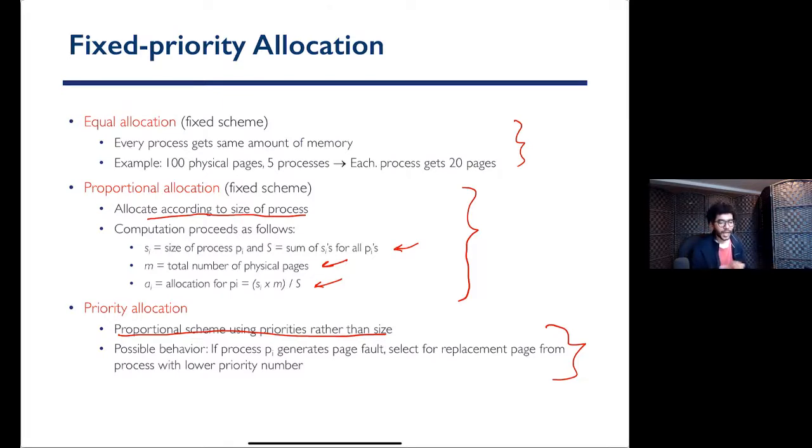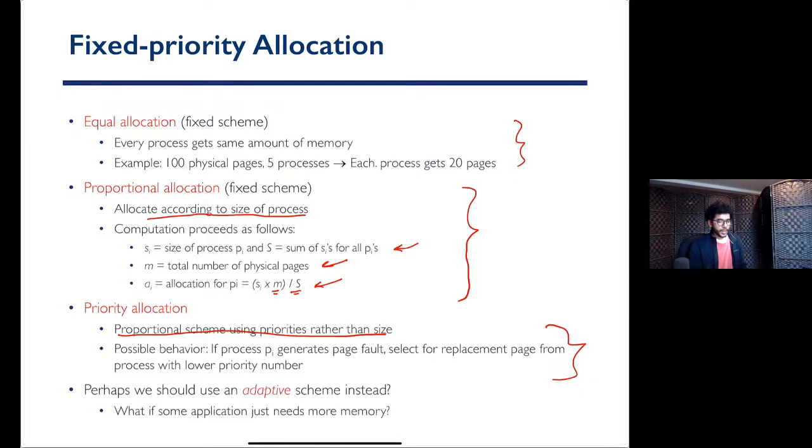So if you need S_i and I have M pages, then S_i times M divided by capital S, where capital S is basically the sum of all S_i. So these are fixed priorities. Basically, you allocate and then you make sure that everybody gets their allocation and the allocations don't change.